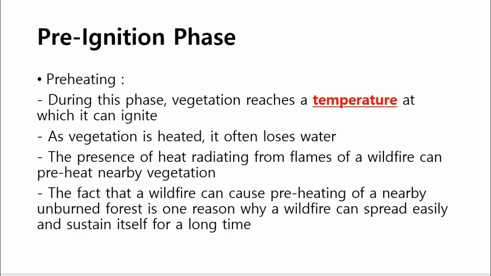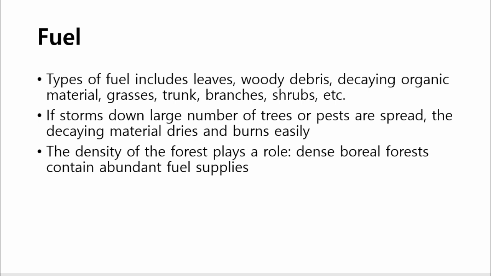So again, monitoring preheating, vegetation heating, and fuel heating is very important to predict fire spread. That is the bottom line. When we say fuel, this includes leaves, woody debris, decaying organic matter, grasses, trunks and branches, and shrubs.